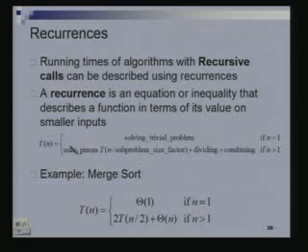In our particular example, how many problems did we divide it into? 2. And each of the subproblems was half of the original. By subproblem size factor, I mean by what factor I have reduced the size of the problem.